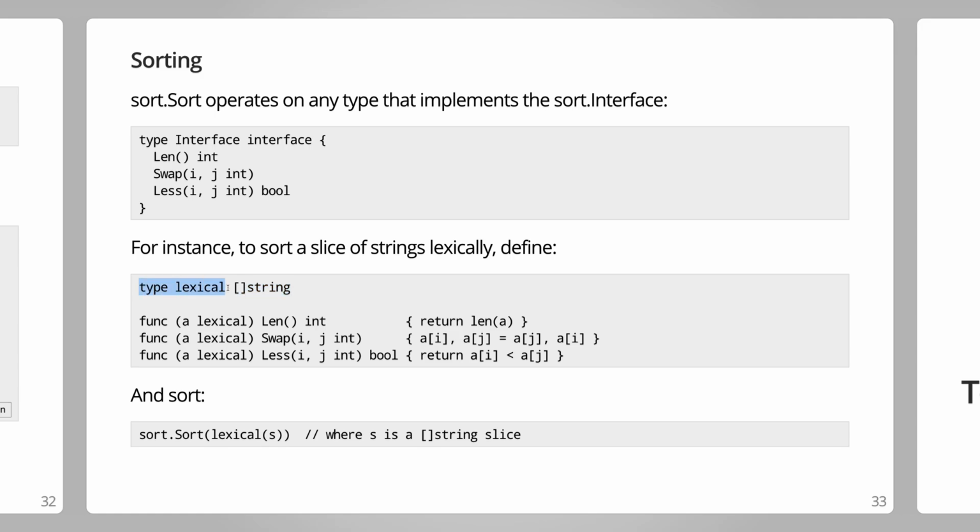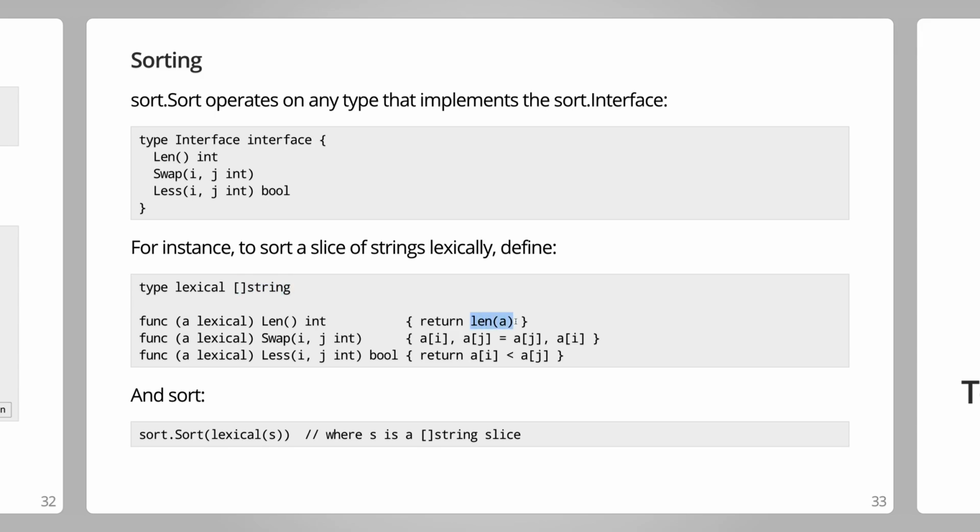If the type Lexical is a slice of strings, then you can define these methods like this. The Len method operates on the type Lexical, and in this case it just returns the length of this Lexical object, which is a slice of strings.